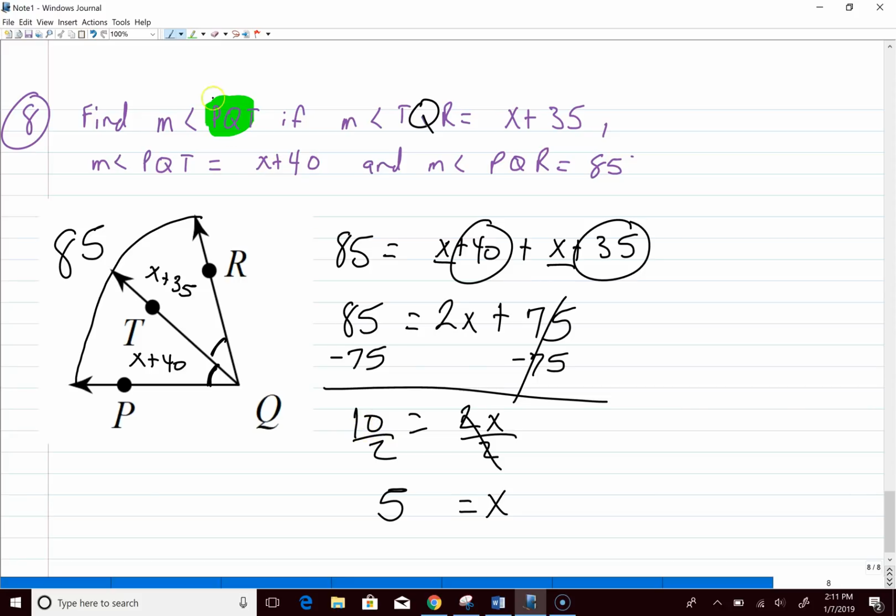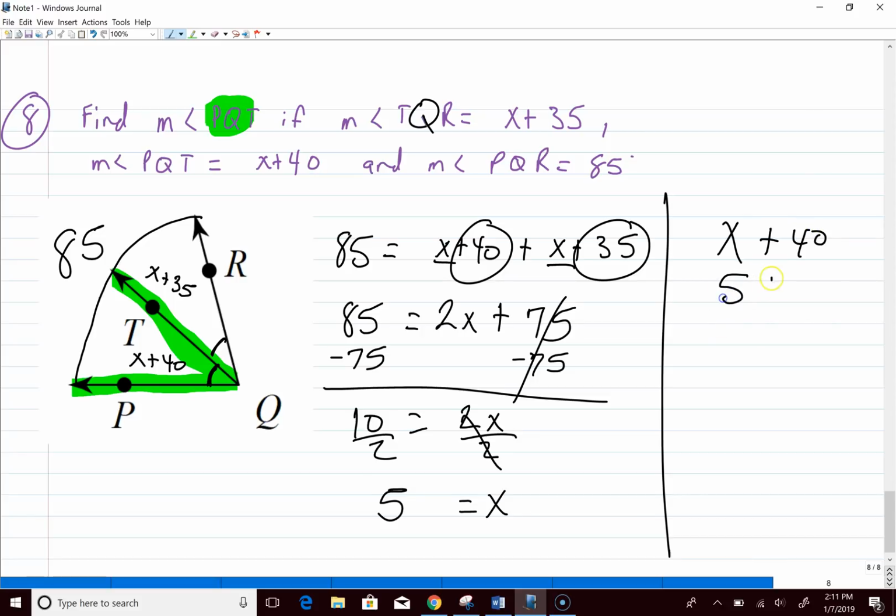No. It wants you to figure out what again? PQT. And how much is that? It is whatever x is plus 40. Well, x is 5. So 5 plus 40 gives us 45. This is 45. And that's the answer.